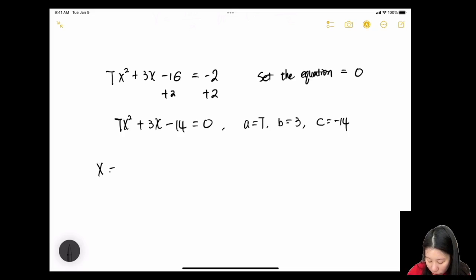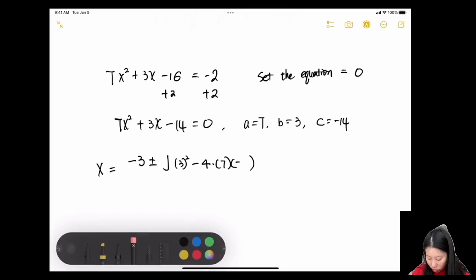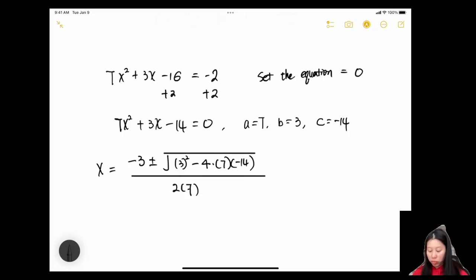Okay, so x equals negative b plus or minus the square root of b squared minus 4 times a times c, which is negative 14, over 2 times a. Now we can simplify. We have negative 3, plus or minus the square root of 9 plus, because you have a negative sign, negative times negative gives you a positive.